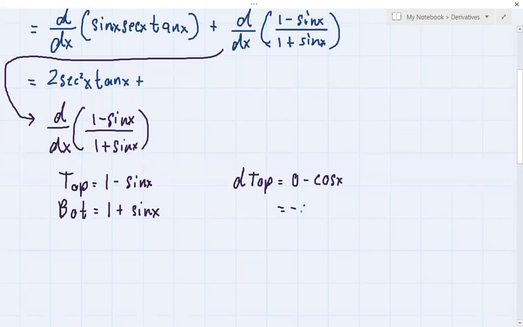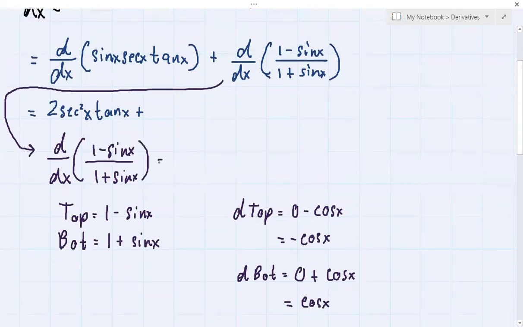Therefore, your d top is negative cosine x. Next, let's get the derivative of the bottom, or d bot. The derivative of 1 is obviously 0, plus the derivative of sine x, which is cosine x. Therefore, we will have cosine x as d bot.